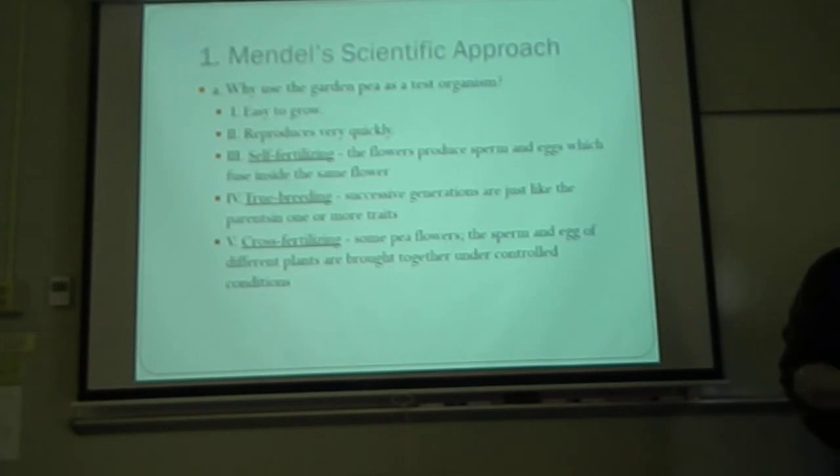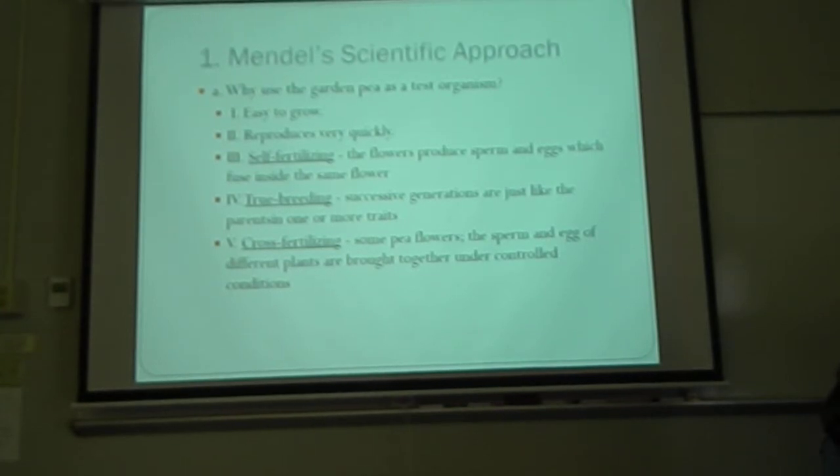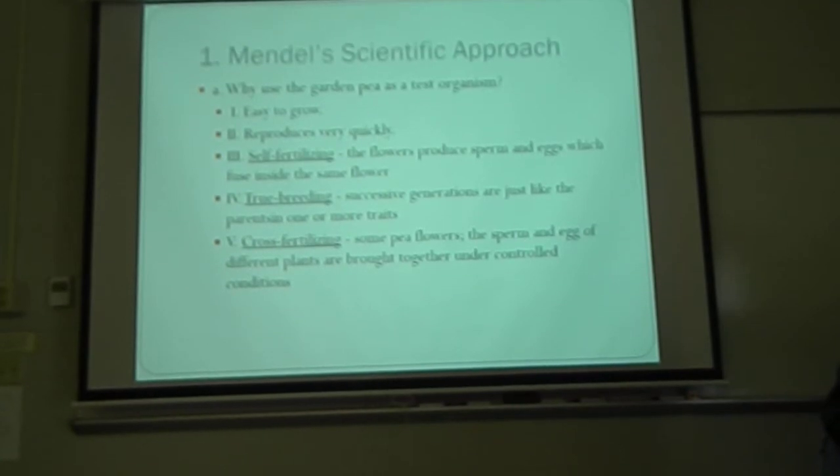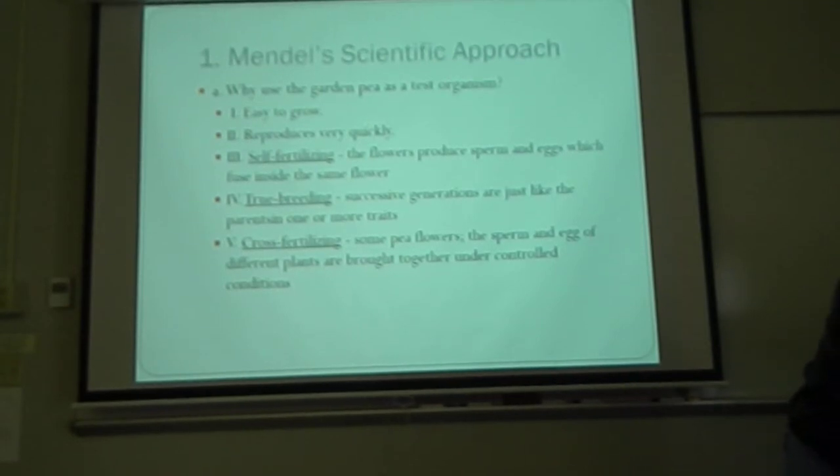And then lastly is cross-fertilization, or cross-fertilizing. I just talked about how regular flowers are pollinated, and that's cross-fertilizing. But the term that we're going to be using is a little bit different. It's where you are in a controlled environment, where you can control certain variables of your test.